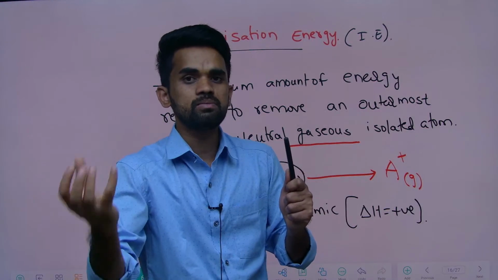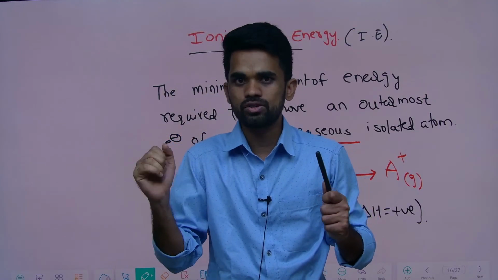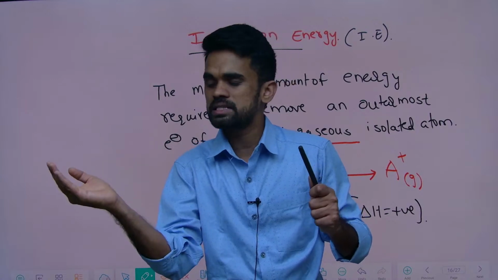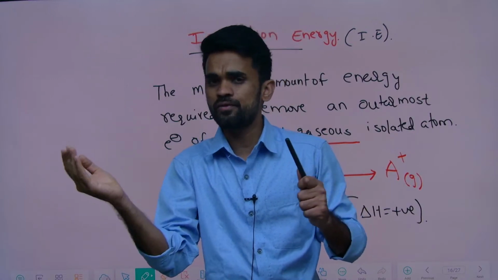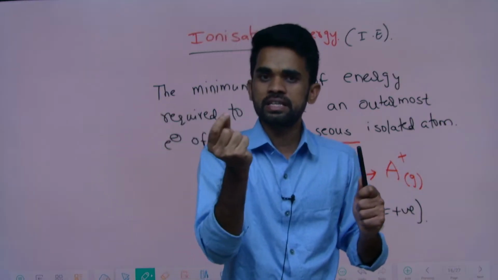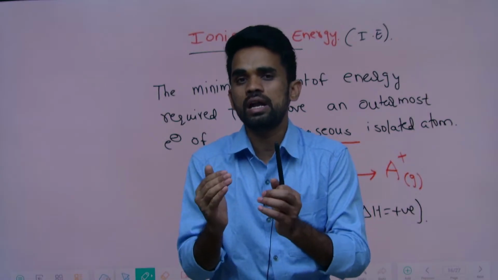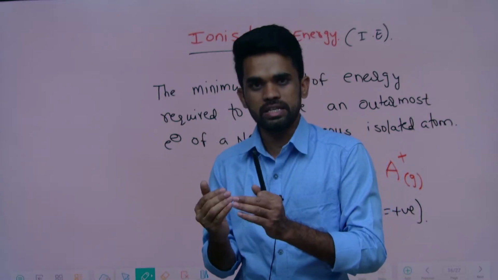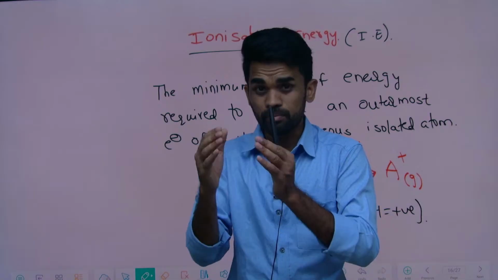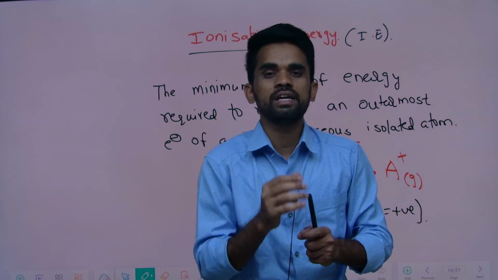More electropositive elements, for example metals, easily lose their electrons, therefore removal of an electron from metals is easy. If it is easy, less energy is required. So metals have low ionization energy, because they lose electrons very easily.